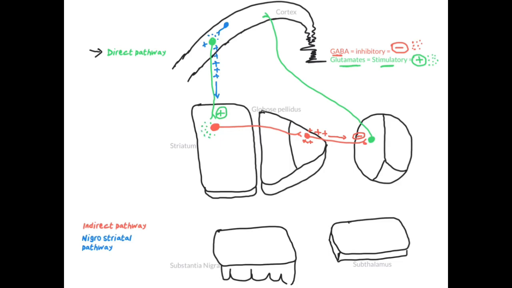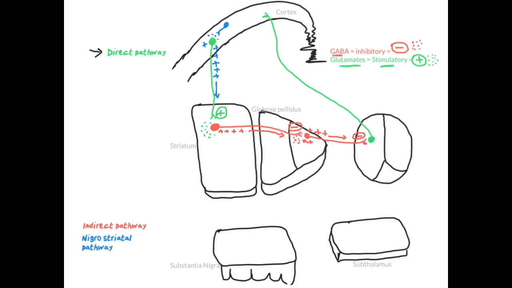When glutamate is released, these red neurons will be stimulated, and the action potential will go down to inhibit the subsequent neurons, because a lot of GABA is released here.